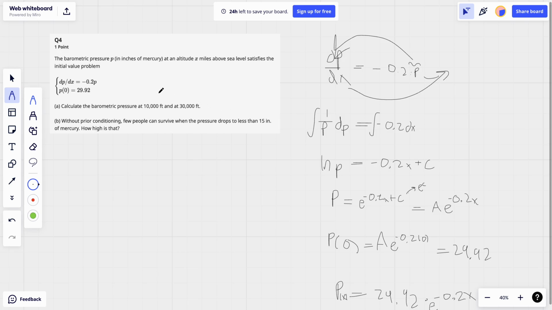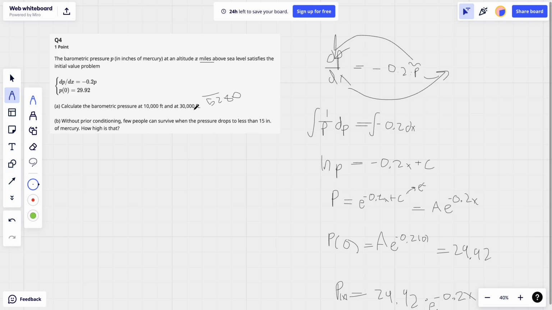So it's important to remember units. This differential equation is giving us the pressure in inches of mercury at an altitude in miles. However, this question is asking us about feet. So to convert from feet to miles, we're just going to divide by 5280, since there are 5,280 feet per mile, and we get the number of miles each of these are.